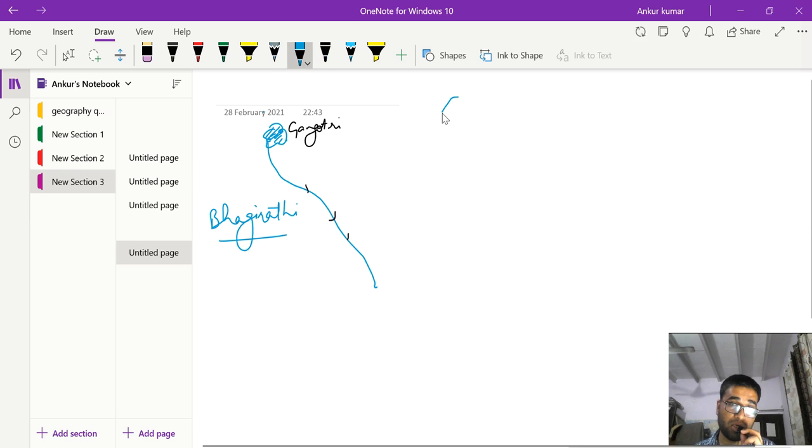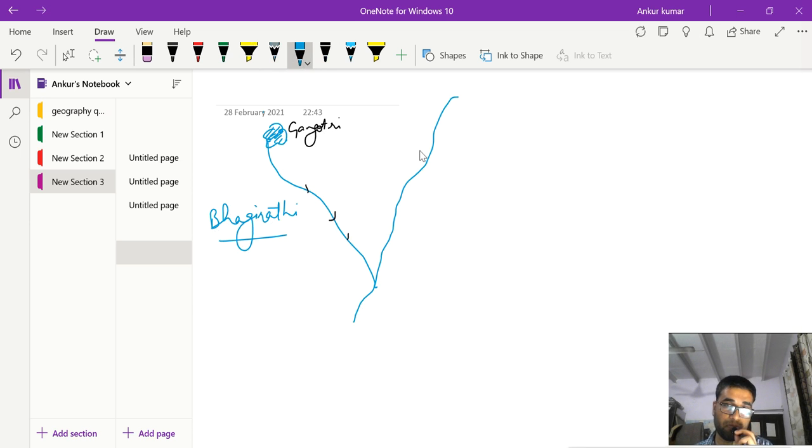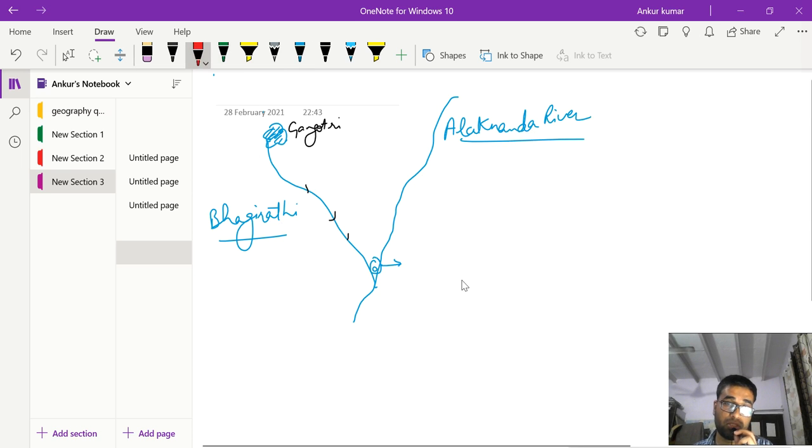Bhagirathi River joins the Alaknanda. This is the Alaknanda River. Bhagirathi River joins the Alaknanda at Devprayag. This is Devprayag.